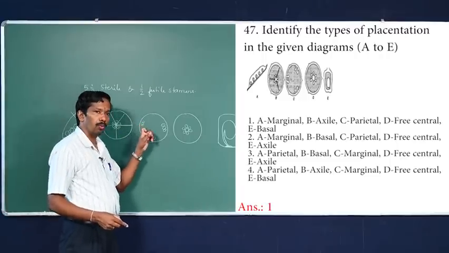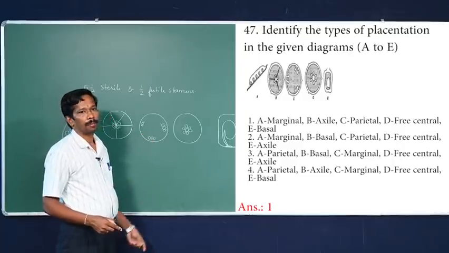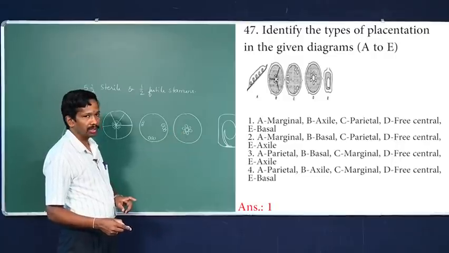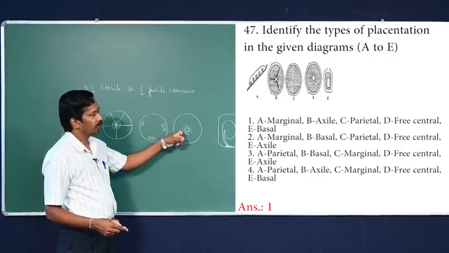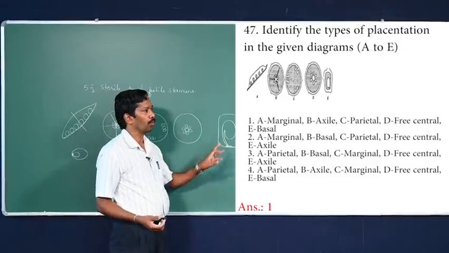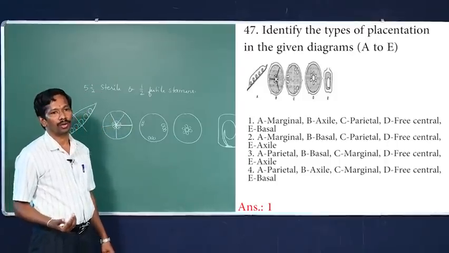Many carpel, one locule with many ovules, it is constituting parietal placentation. Many carpel, single locule with the basally arranged placenta which is freely present, free central, and one carpel, one locule, one ovule, it is constituting basal placentation. Answer hence it is 1 for 47.